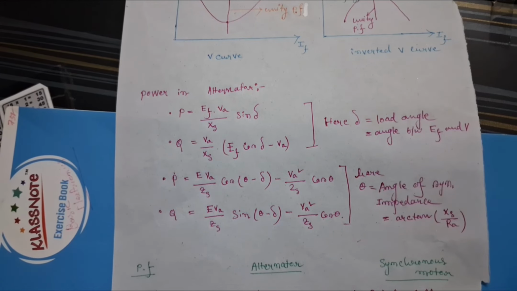And Q or reactive power equal to E into Va divided by Zs into sin theta minus delta minus Va squared by Zs into sin theta. Here Zs is synchronous impedance and delta is load angle and theta is angle of synchronous impedance. It is given by tan inverse of Xs by Ra.